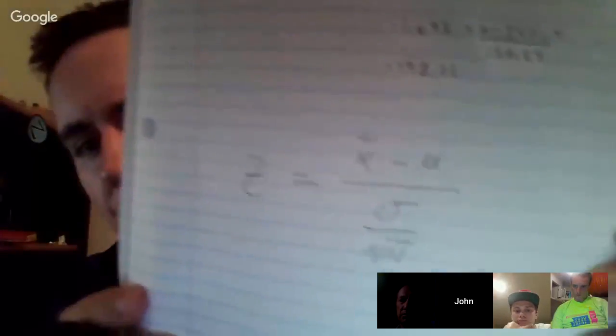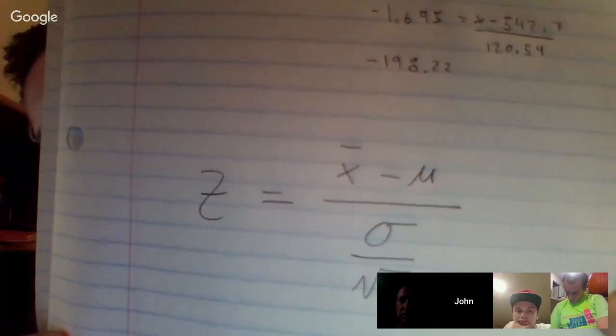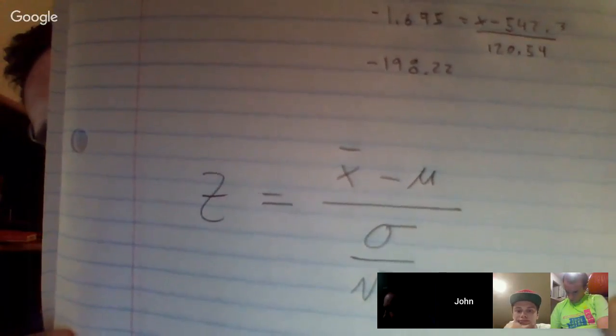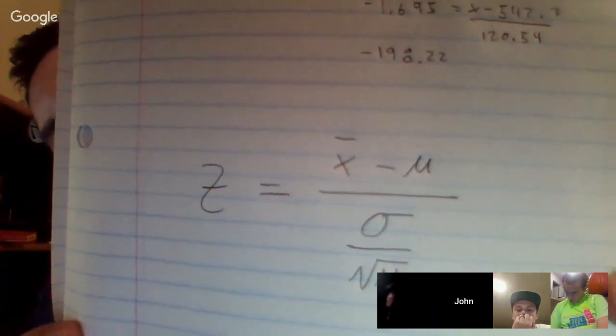The z-score is equal to x bar minus the mean, over the standard deviation over the square root of n. Okay. So that's what you use to get your z-score, and then for whatever probability you're looking for above 600, you shade in to the right of 600. So that should give it to you. I'll just do the math real quick and see.